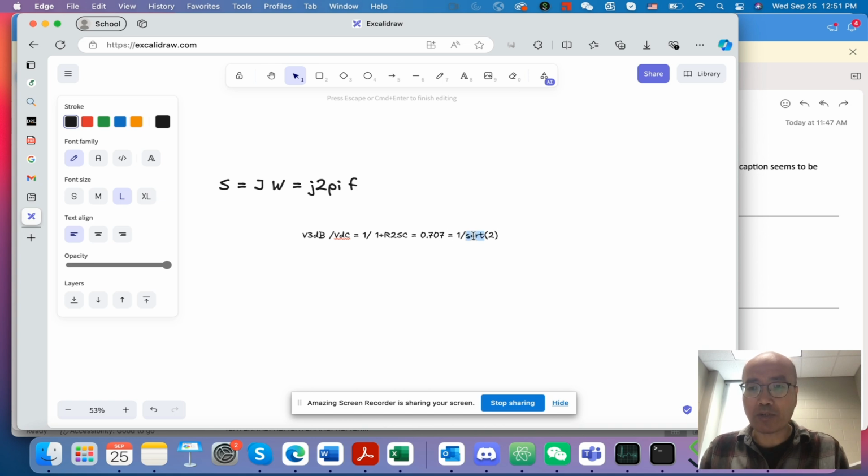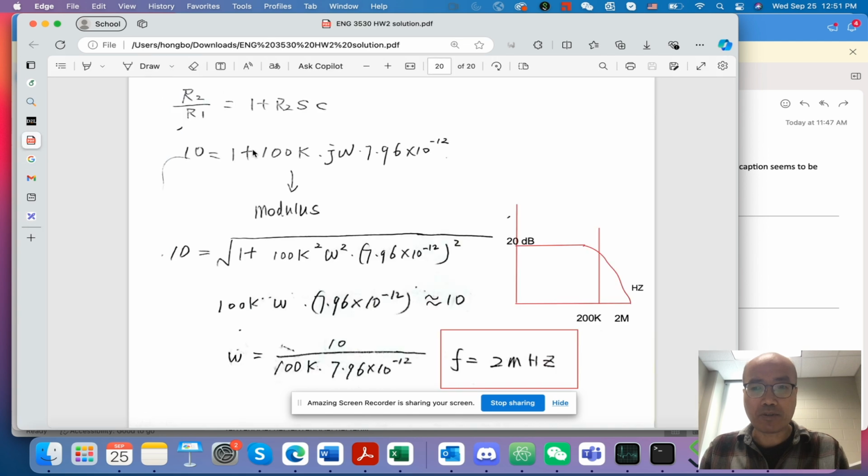SQRT means square root. All right, so this is important. That means the 3 dB voltage compared to the DC voltage is reduced to about 0.7.